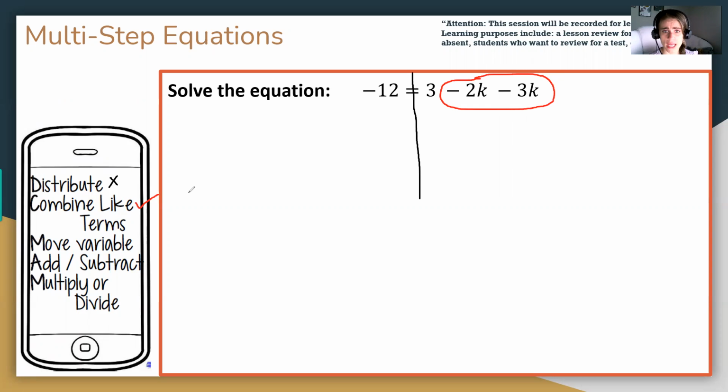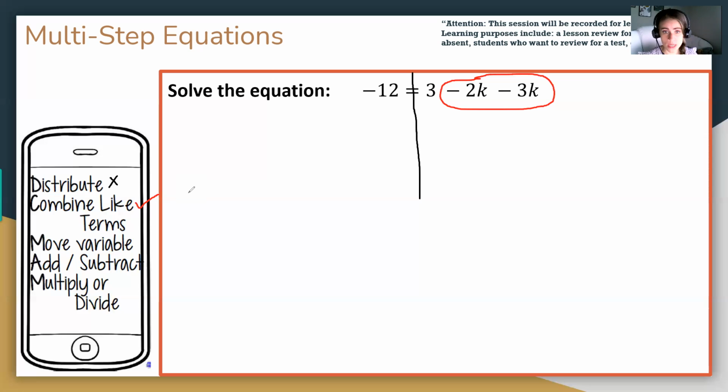There's a couple different ways that you can look at this to make sure that you get the integer part, so your negative sign, correct. One is you can recognize that a subtraction sign and a negative sign are pretty much the same thing. So you could look at it as a negative 2k and a negative 3k.